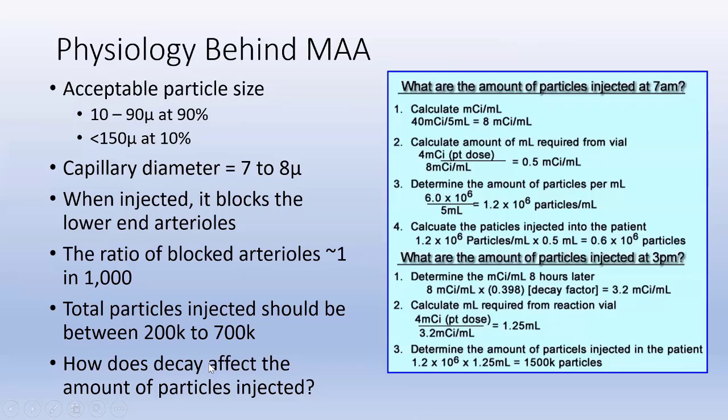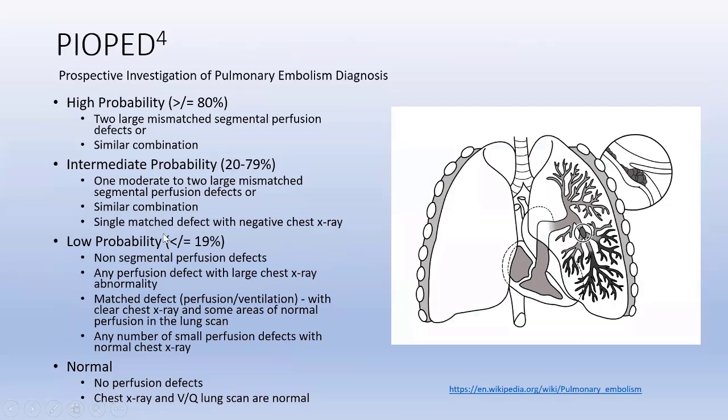So again, critical in what I'm trying to demonstrate here is that the longer you wait after you've made that vial of MAA, the more particles you're going to give. And at some point, you may actually go over that threshold, which is a concern.